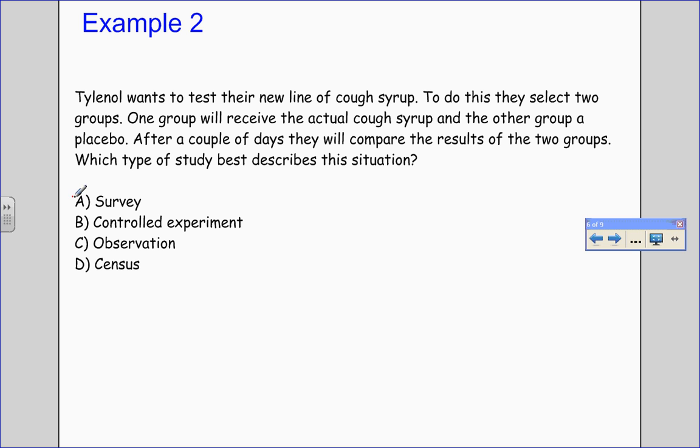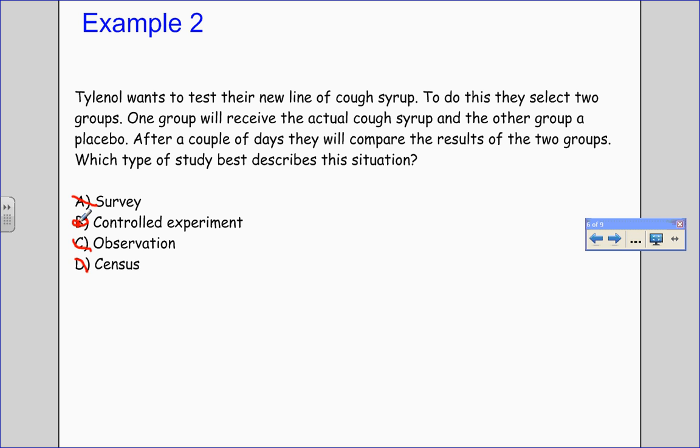So it's not a survey. We looked at what a survey is already. And it's not observation. We'll look at why it's not observation in a bit, but let's just say that in an observation, you do not manipulate the people in the experiment. And it's not a census, because a census is a type of survey. So the answer is it's a controlled experiment.